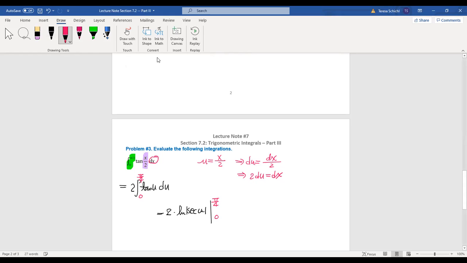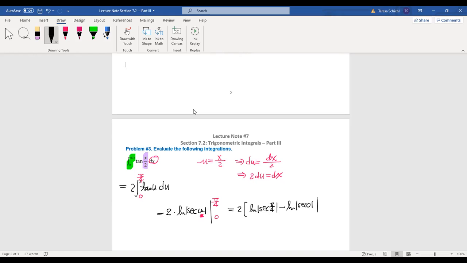So be very careful: if you use u, then you need to use u's limits, or if you want to replace back with x, then you can use the original x limits. So this will be 2 times the natural log of secant pi over 4, minus the natural log of secant 0, correct?